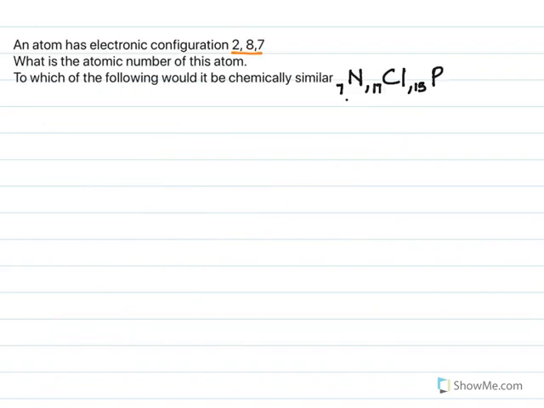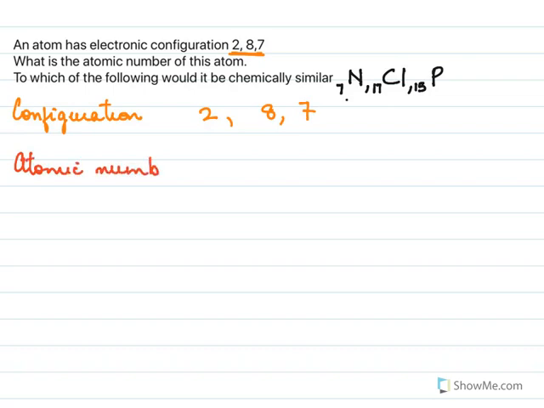An atom has electronic configuration 2, 8, 7. What is its atomic number? So configuration means distribution of electrons, 2, 8, 7. So for the atomic number, you add them up, so you get 2 plus 8 plus 7, that is 17 electrons, because this is the distribution of electrons, right?